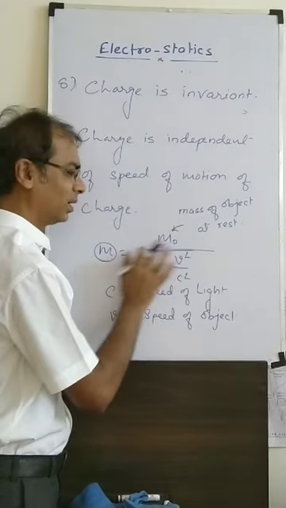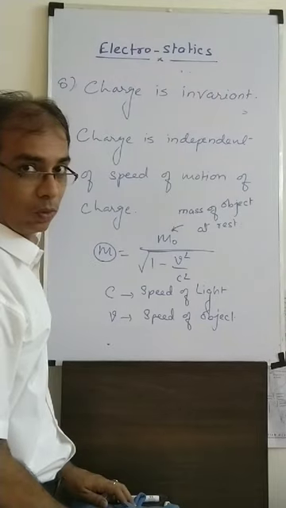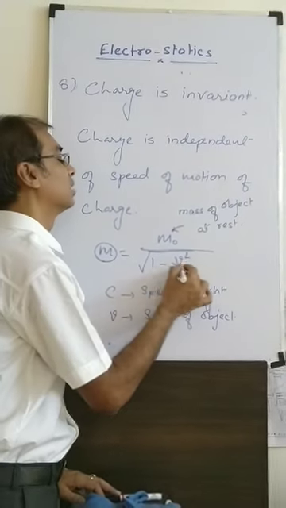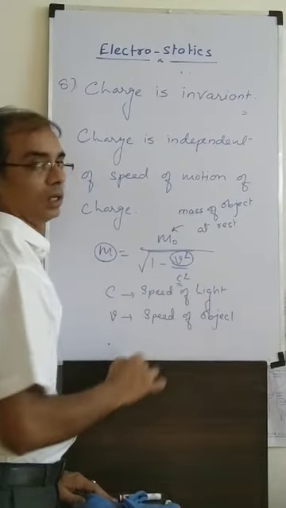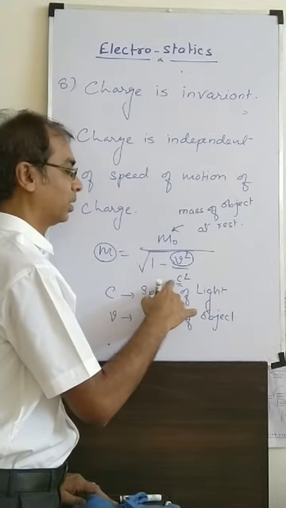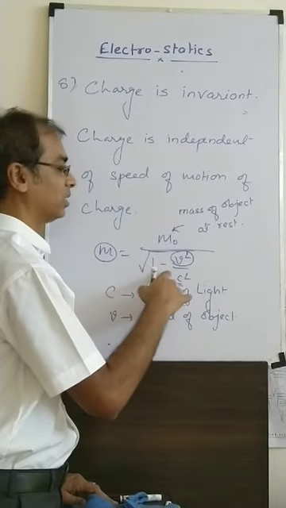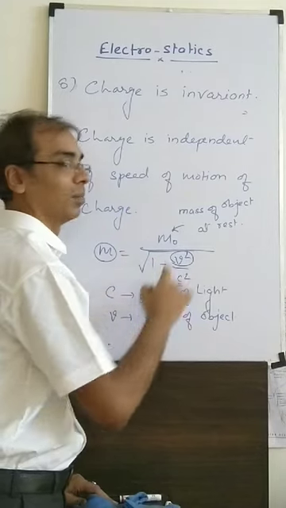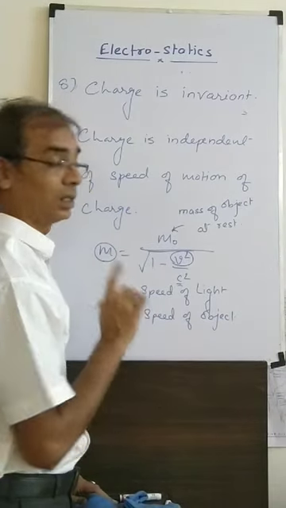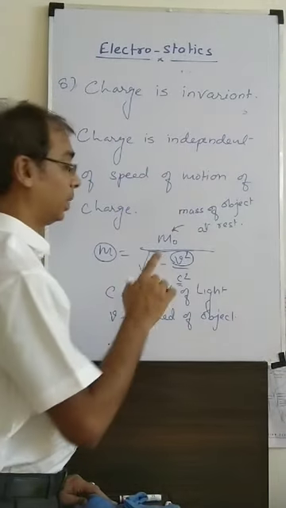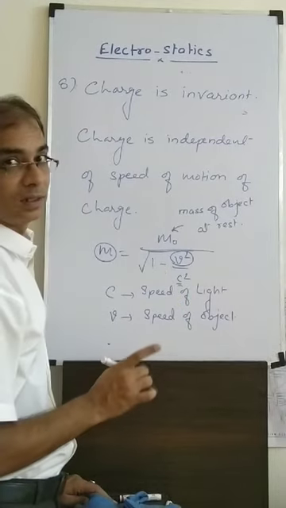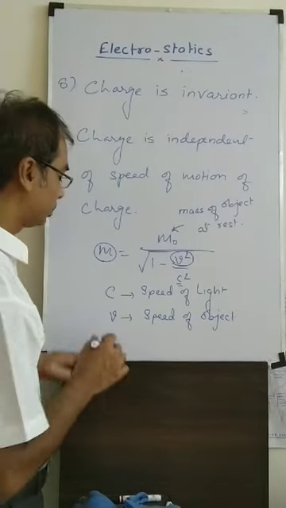Have we taken this kind of thing in mechanics? No. The reason being, in mechanics, this v is very small as compared to c. So when this is negligible as compared to c, we can say that this will come as 1 only. So we always take the same mass. But in quantum physics, this will not happen. The particle moves with very high speed, so mass does change.